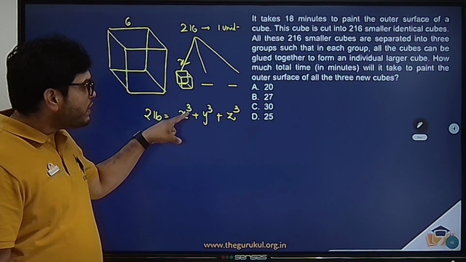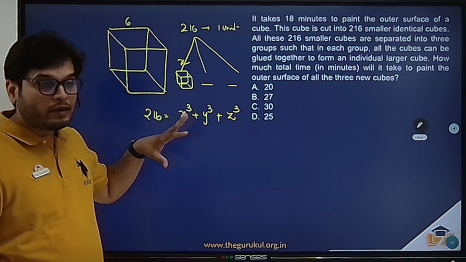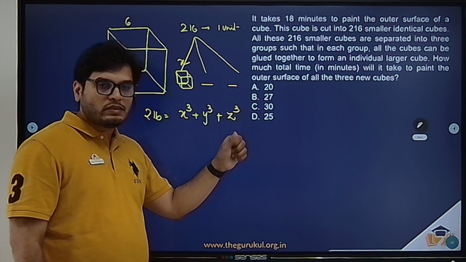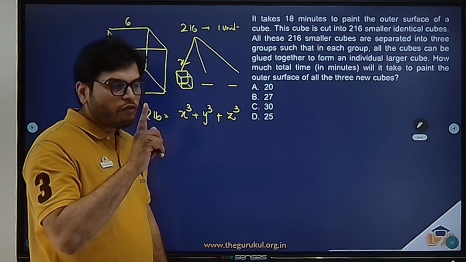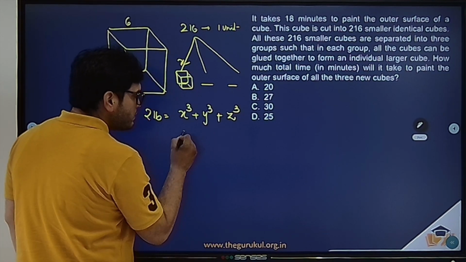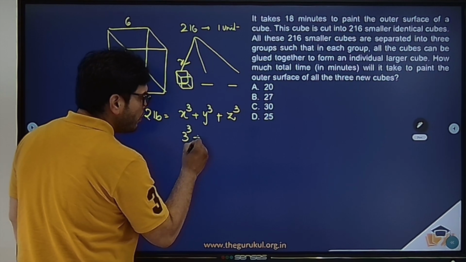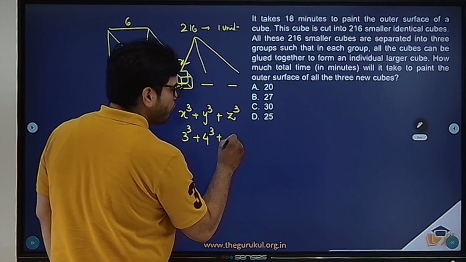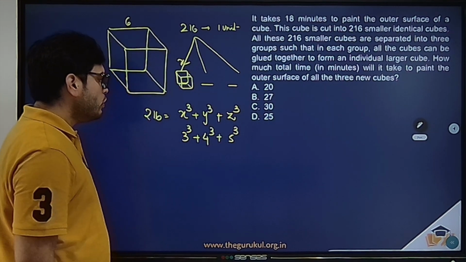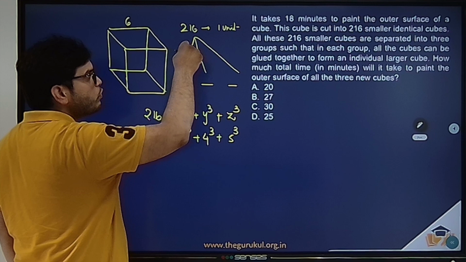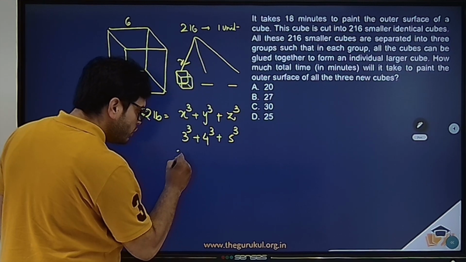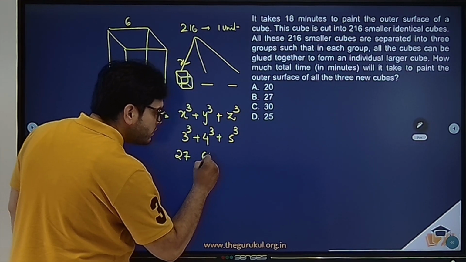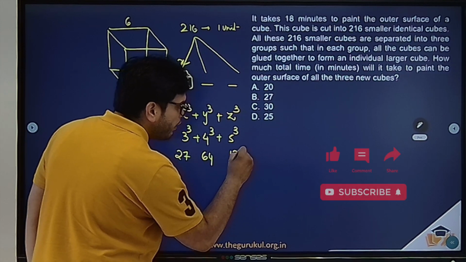Now, if x cube plus y cube plus z cube is 216, and for x, y, and z to be integers, there is only one solution: x is equal to 3. So 3 cube plus y is equal to 4, 4 cube plus z is equal to 5, 5 cube. So we have regrouped these 216 smaller cubes into 27 cubes, 64 cubes, and 125 cubes.